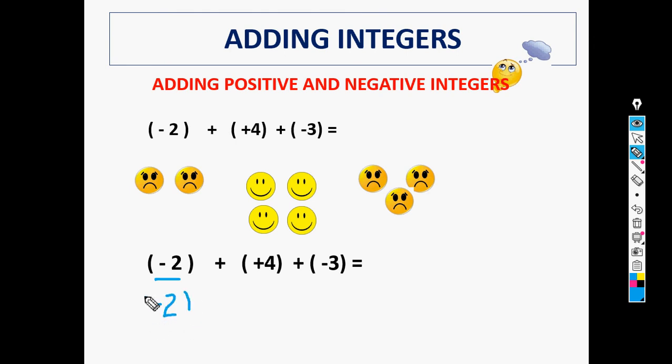Okay, so I'll change the order of the integers in the question to solve this, and then I have to add. So I'll bring my minus 3 over here, because this is how it gets very simple. Then I will be writing my plus 4. Sometimes you will see just 4 written instead of plus 4, which means it is a positive integer.